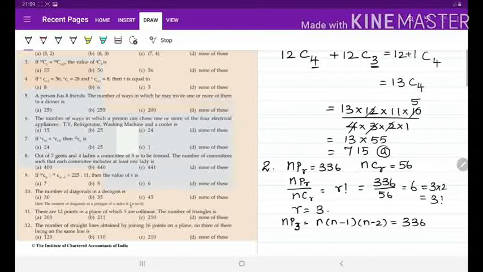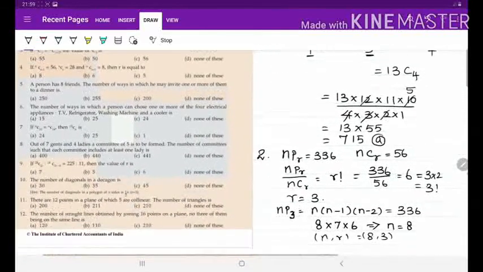Let's factorize 336. We get the factors as 8 into 7 into 6, which implies n is equal to 8. So the answer for this question is 8, 3, which is option B.